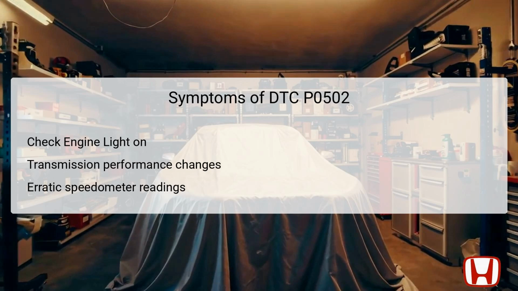Additionally, there may be changes in transmission performance, such as slipping or harsh shifting, since the PCM relies on accurate sensor data to manage smooth operation. You might also observe erratic speedometer readings, which can be disconcerting, as this indicates that the sensor is not providing reliable information. Overall, these symptoms can lead to a noticeable decline in vehicle performance and drivability.